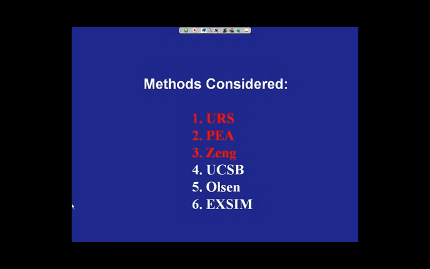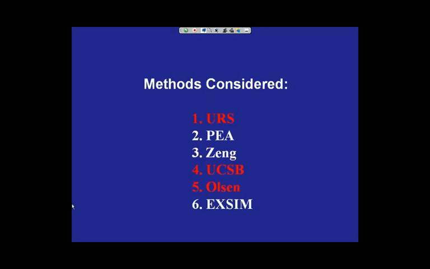Some additional methods were developed after that, such as UCSB and Kim and Olson's method, and the method by Gail Atkinson and her colleagues, called XSIM. It has been quite popular. A lot of people use it back east. So we want to put this one also in the validation exercise and in the simulations afterwards.